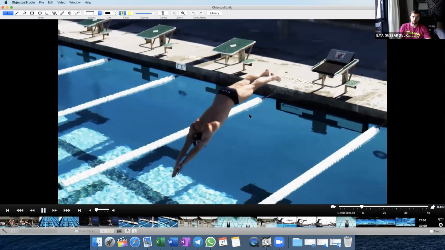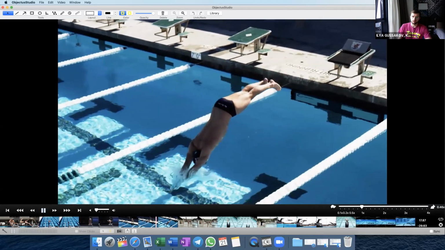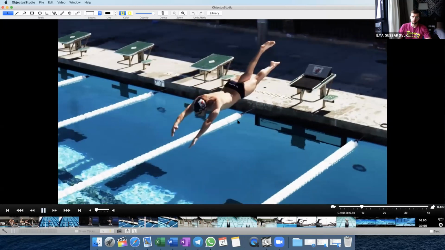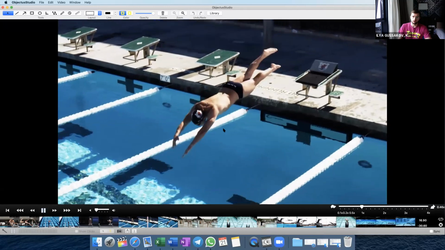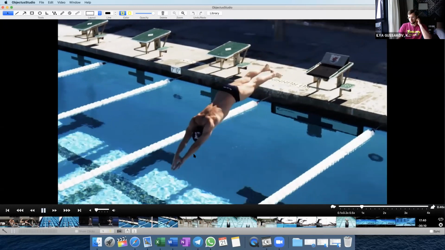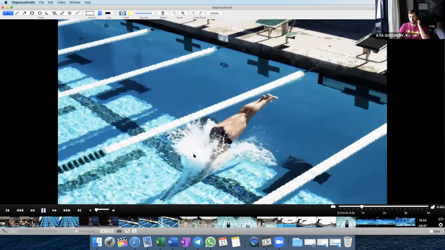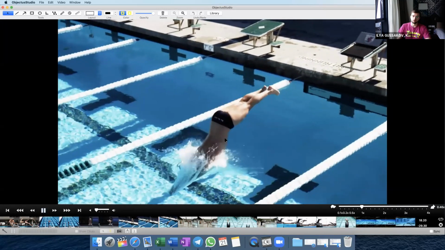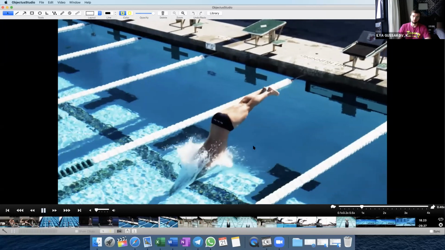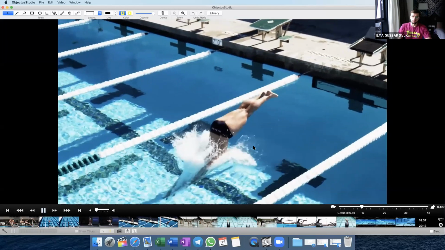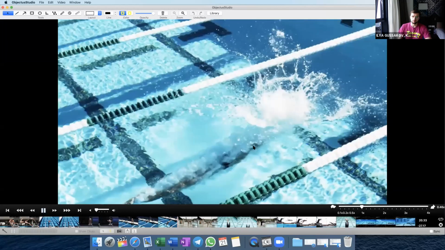And we understand that he reached the point here, and he's just going into the water quite far. I don't like his position here, because his core is not tight enough, not like I showed you with Dressel or Dima. But still his jump is quite efficient.